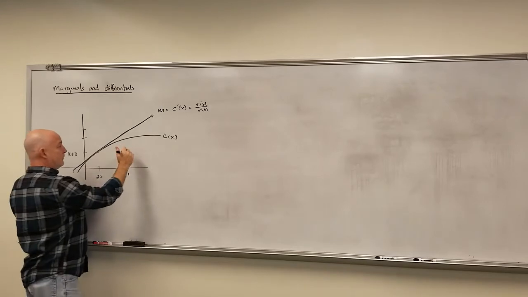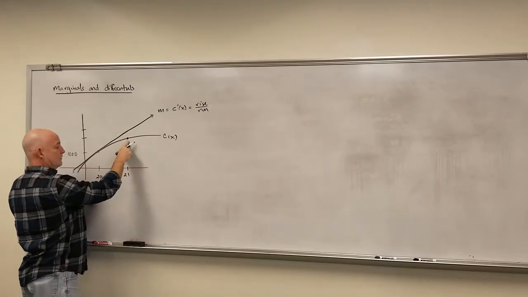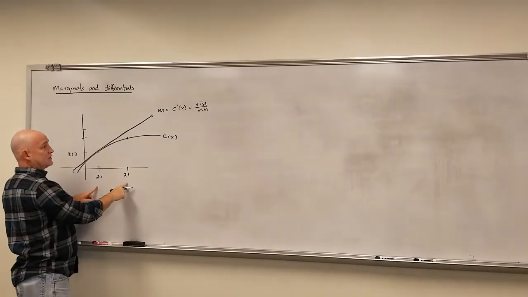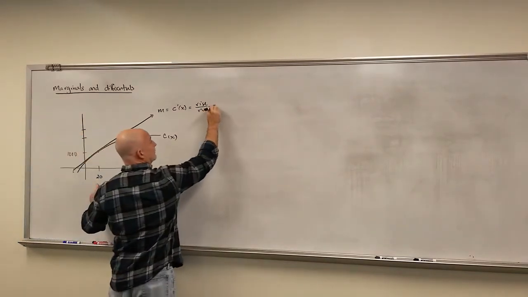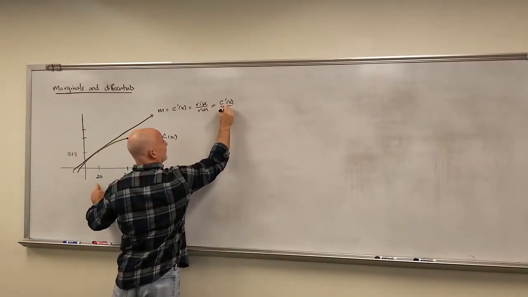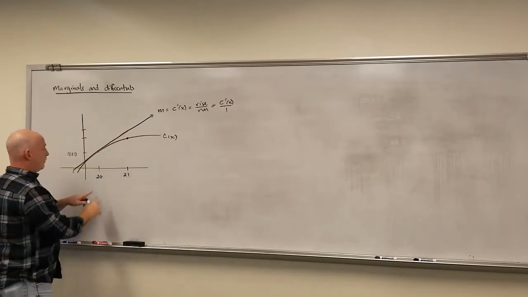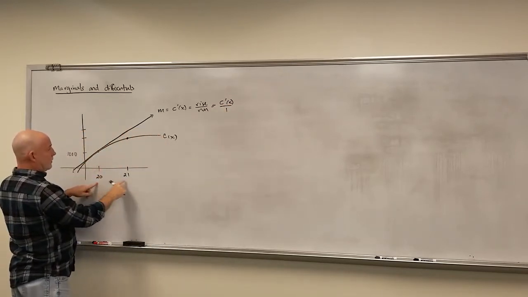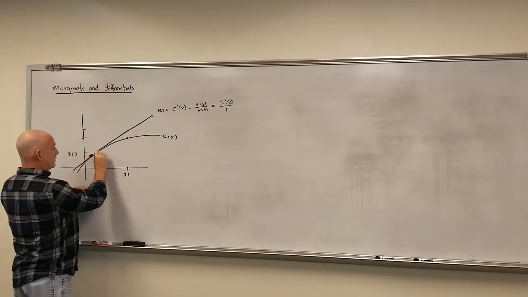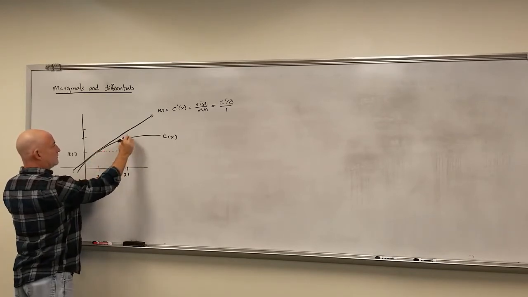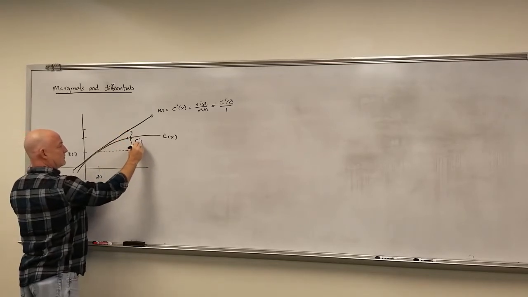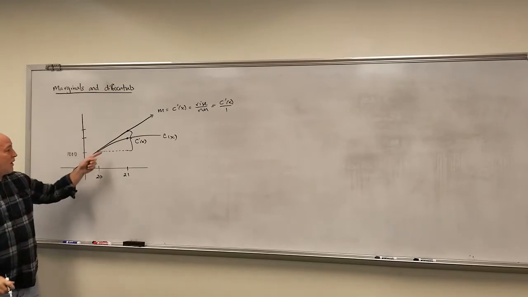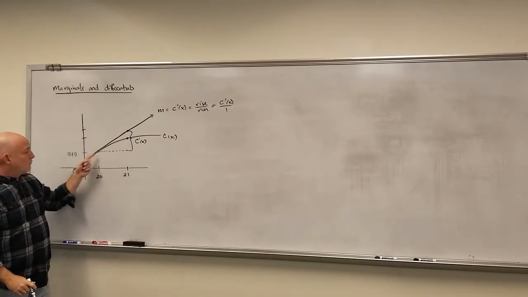If we're trying to figure out the cost for 21 bikes, the run here was only 1, so you can think about this as c prime of x over 1. From going from here to here, our run was 1. So the distance from the tangent line down to here, that's our rise, so that's c prime of x. Rise over run.